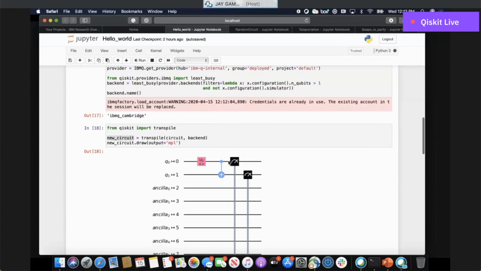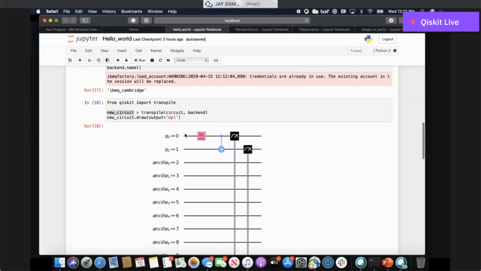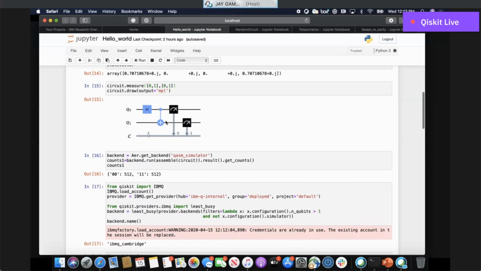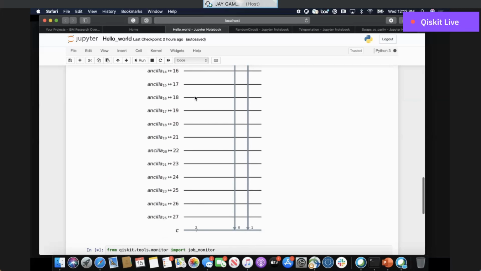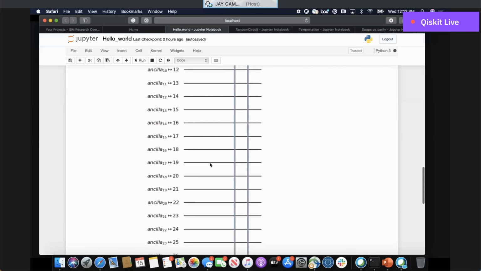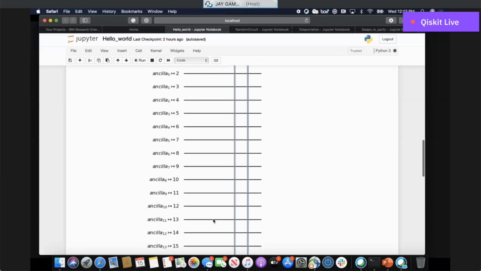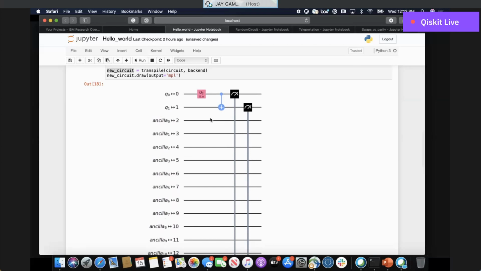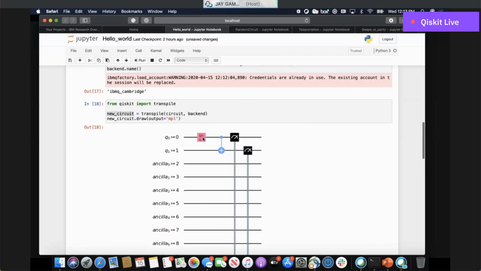Here you see that because I chose to run this on a 20-qubit system, it's compiled this 2-qubit example into 20 qubits, where most of the qubits are actually in the ground state. And you see that it took this superposition and turned this into a gate that the backend recognizes.